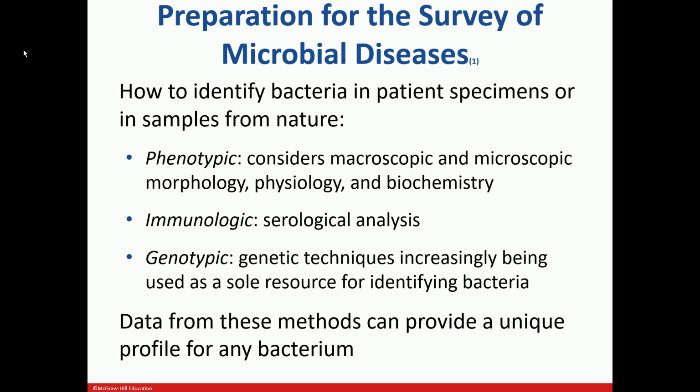In the phenotypic, we look for the morphology of the colonies, which we can see with our eyes, that's macroscopic. Or we can take a little speck from the colony and make a smear out of that, put it on the slide, stain the smear, put the cover slip, and look under the microscope.